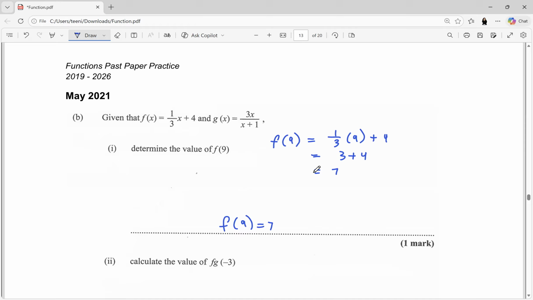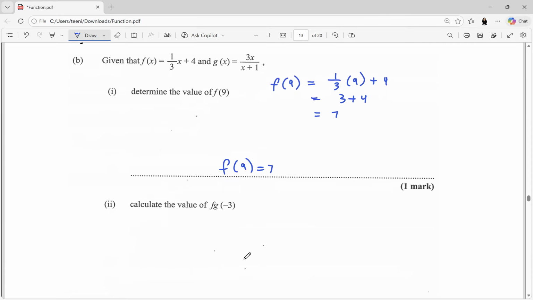Good. Calculate the value of f of g of negative 3. So remember what I told you guys. Find g of negative 3 and then substitute that into f, instead of finding the function f of g first and then substituting in negative 3, because that way is more difficult. So to find g of negative 3, we substitute negative 3 into the function g of x. g of x is 3x over x plus 1.